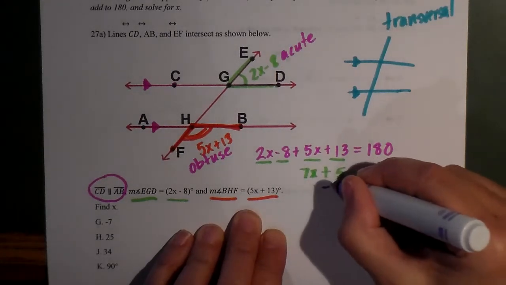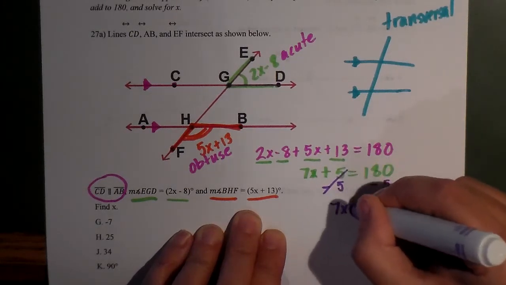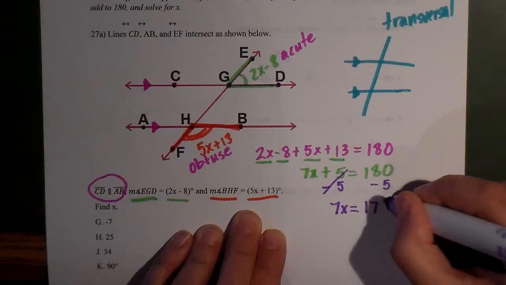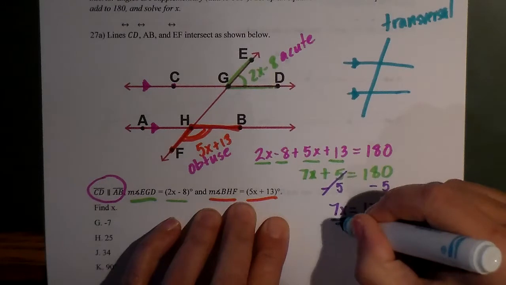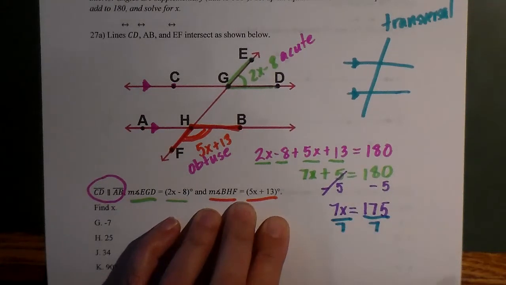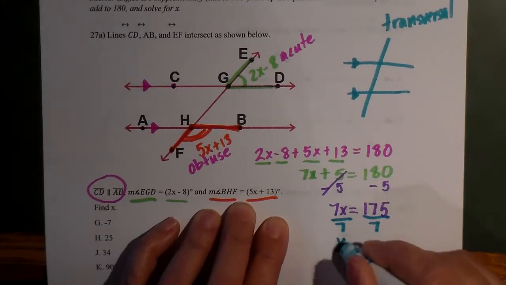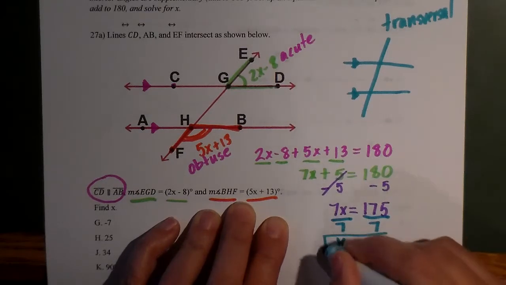That's a positive 5, so to move it to the other side, I'm going to subtract it. So 7x equals 175. And then I'm going to do the last step, which is to divide. So I'm going to divide both sides by 7, by what's in front of the x. Okay? And I'm going to get x equals 25. And that is your answer.